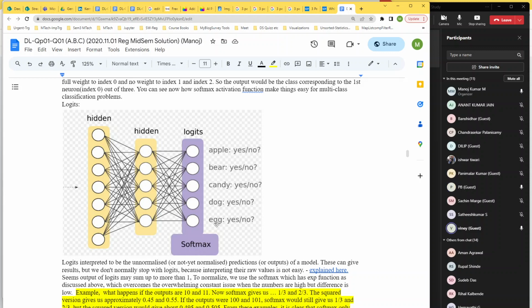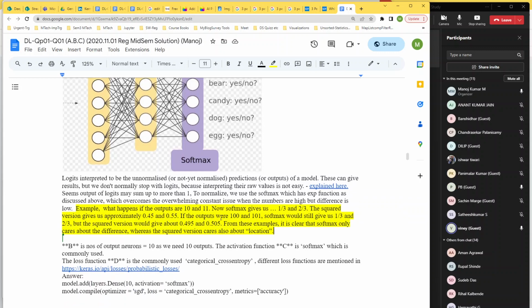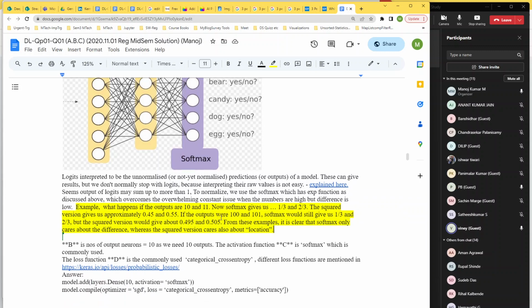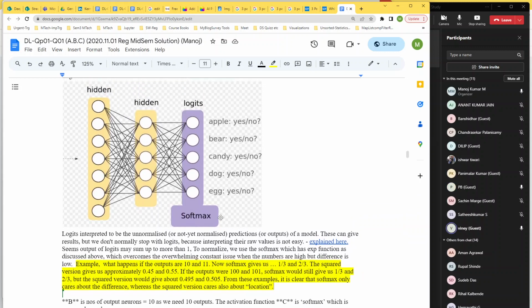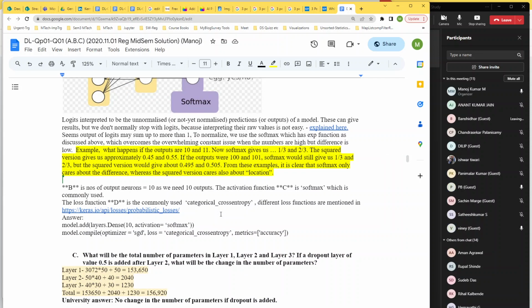So for example, Apple has probability 0.3, and all the other 4 have something like 0.17. If Apple has the highest probability, then it will output your label as Apple. So it becomes a probabilistic model.